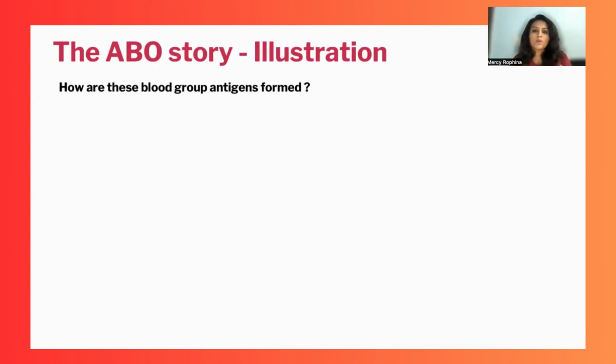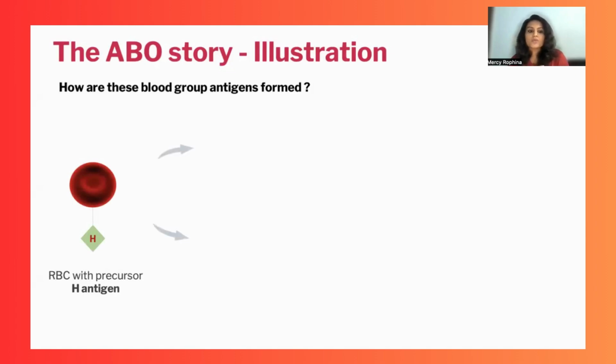Talking about how these antigens are formed, initially, we have the RBC with a precursor antigen, which is the H antigen. To this particular RBC, there are two possibilities for the addition of two different donor substrates with the help of two different enzymes.